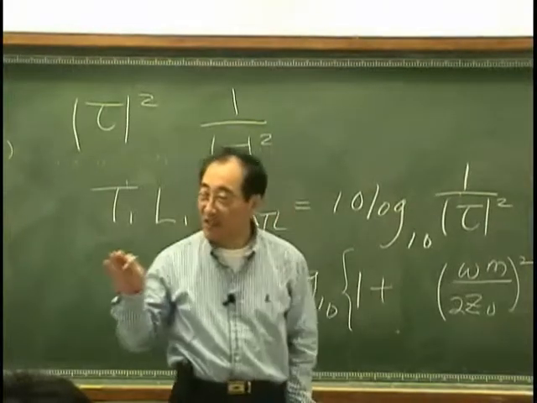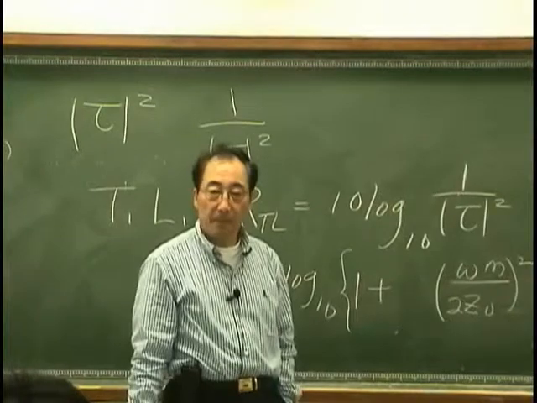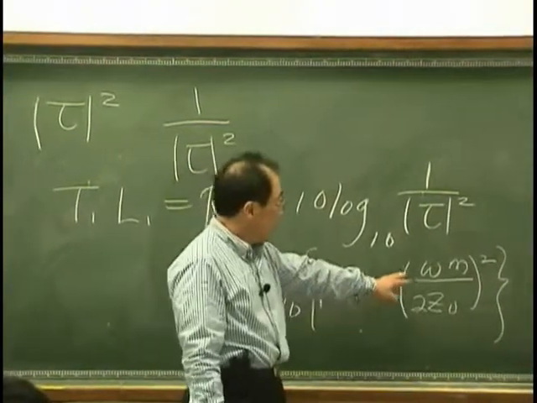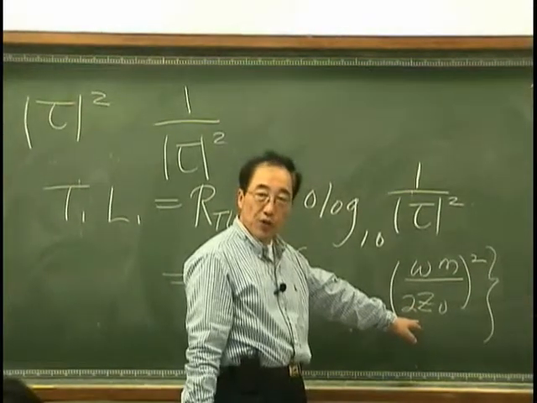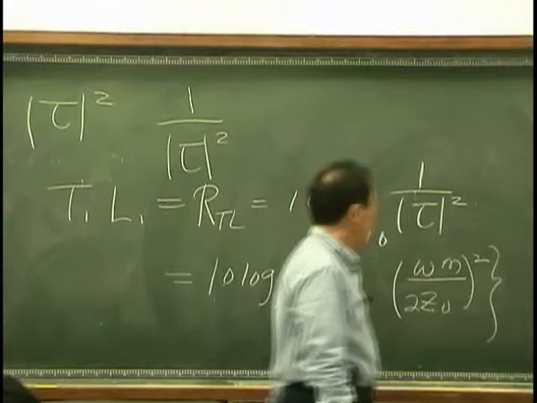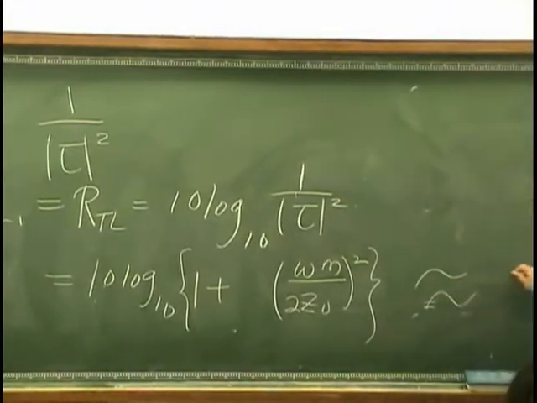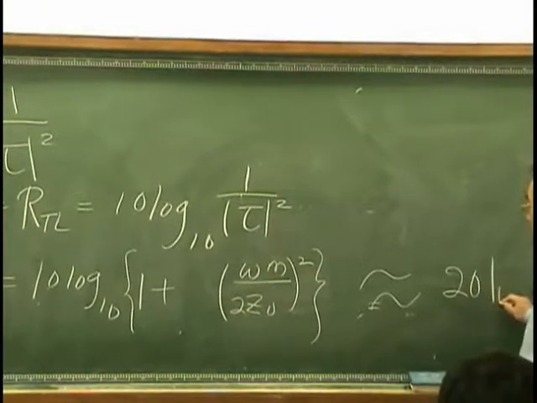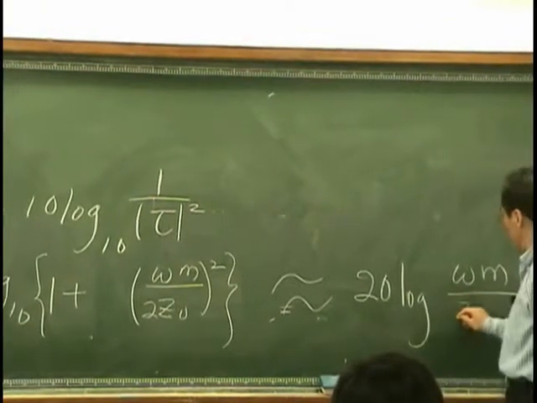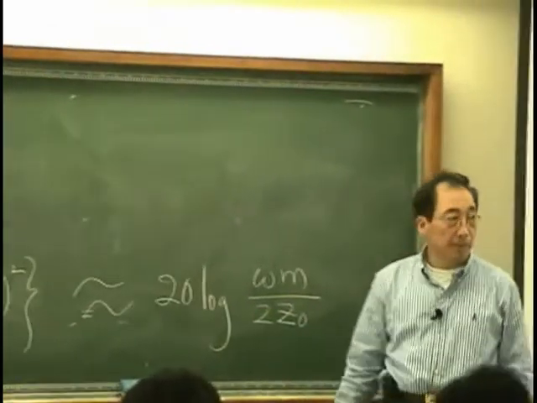A little bit of exaggeration, I must say. Okay. If omega m divided by 2z0 is very large compared with 1, then I can write this approximately as 20 log omega m over 2z0. Okay?